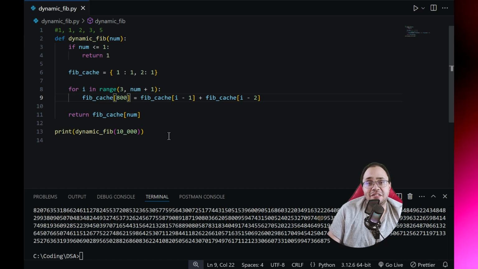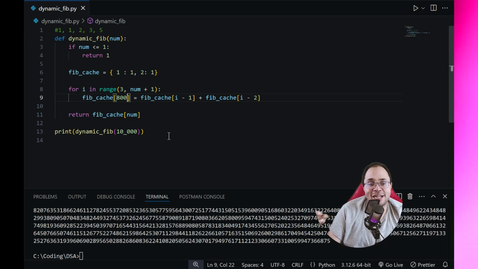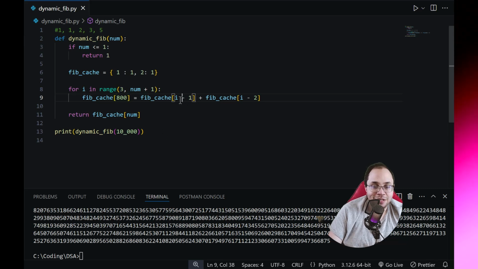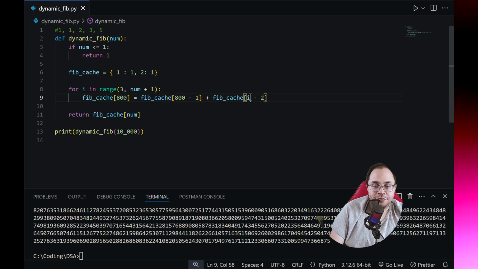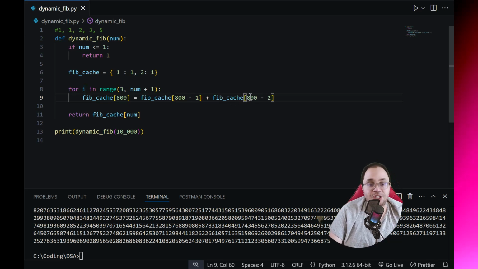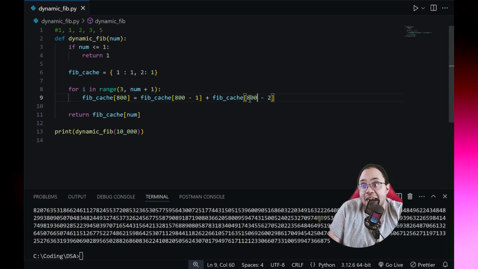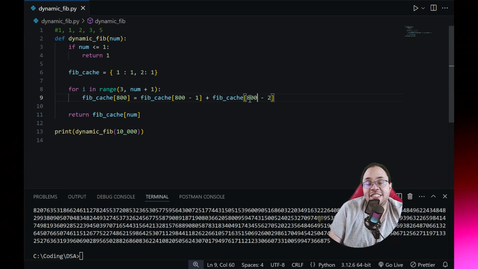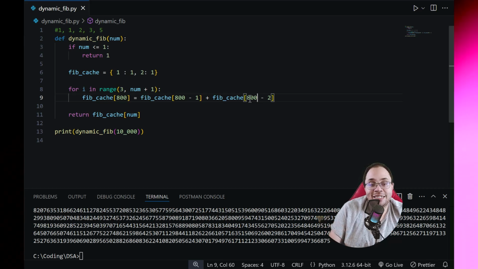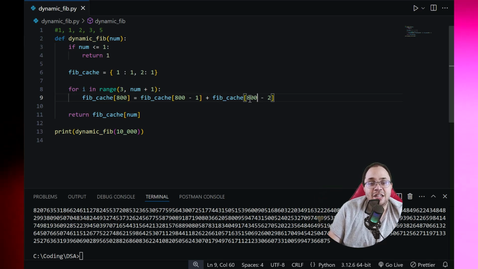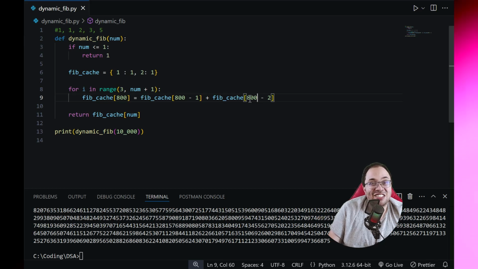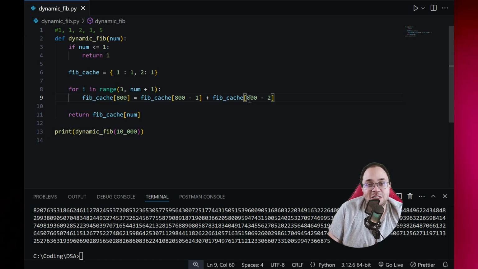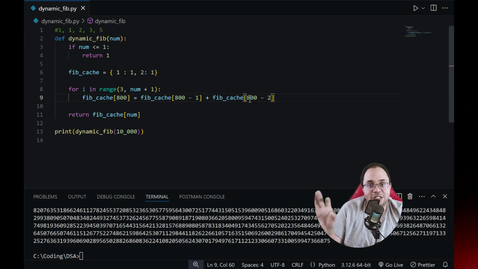If I'm looking at Fibonacci of 800, the only thing I really care about is Fibonacci at 800 minus 1 and Fibonacci at 800 minus 2. All the previous stuff beyond that range, I don't care about. So if we could find a way to not use this hash map, this dictionary, we could save ourselves a lot of space, because there's a lot of space that, ultimately speaking, at any given point we don't need.